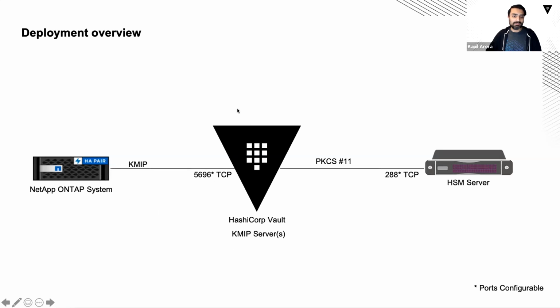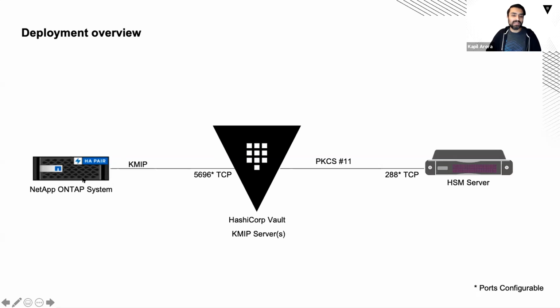So initially, you will set up the KMIP secret engine on the HashiCorp Vault. And then you get a bunch of certificates, which David will go through in the demo. And then you configure this KMIP server that you have set up on the Vault system with different certificates and keys on the NetApp system.